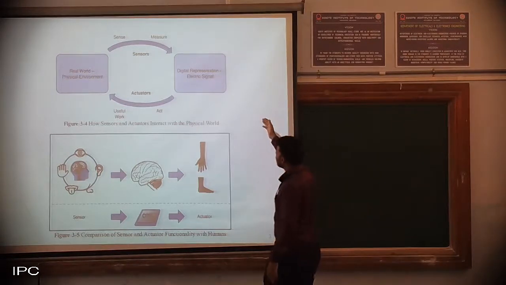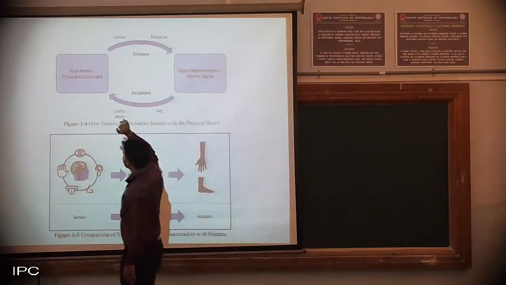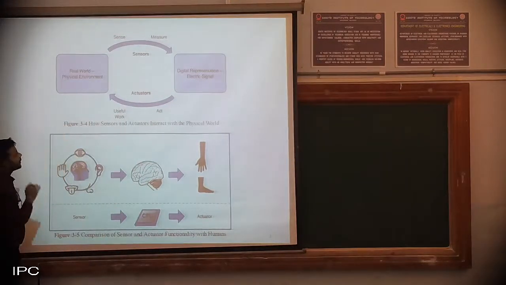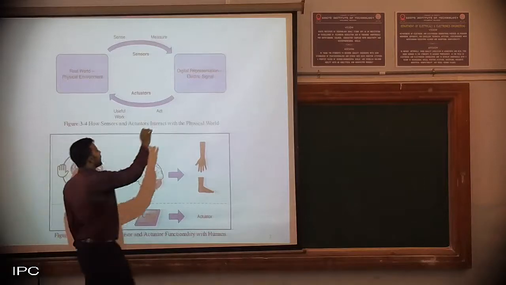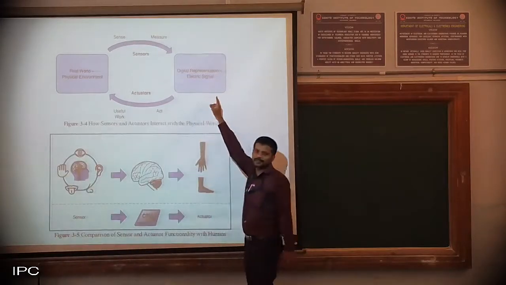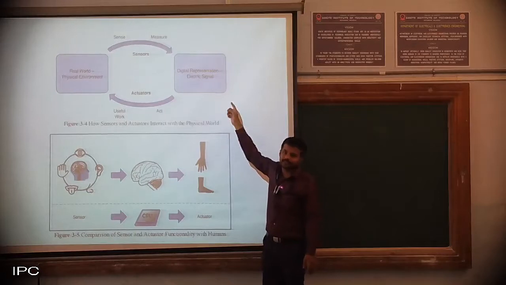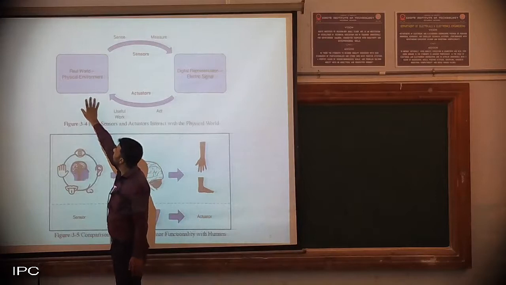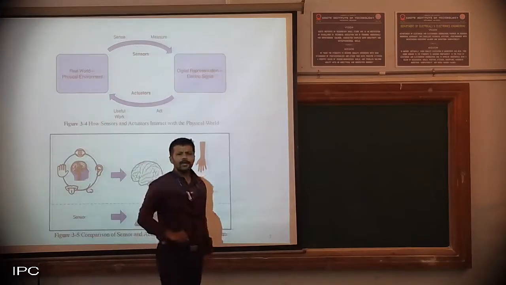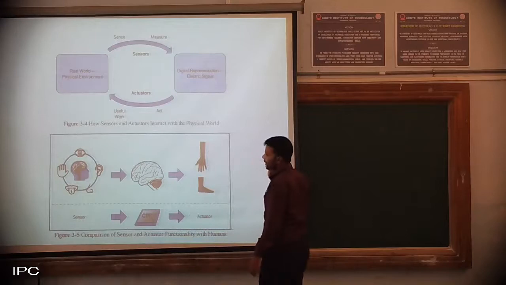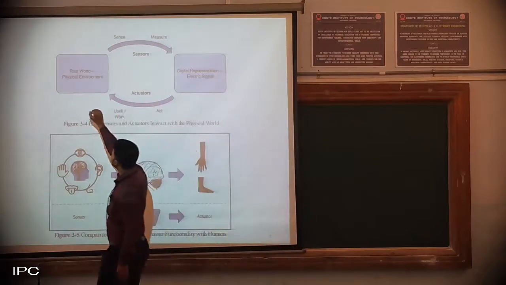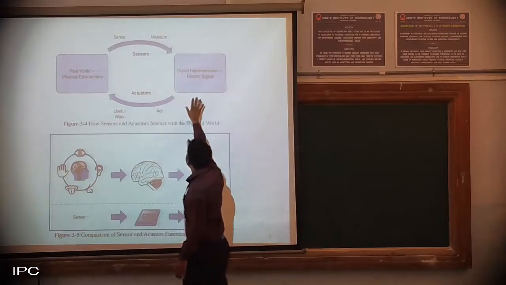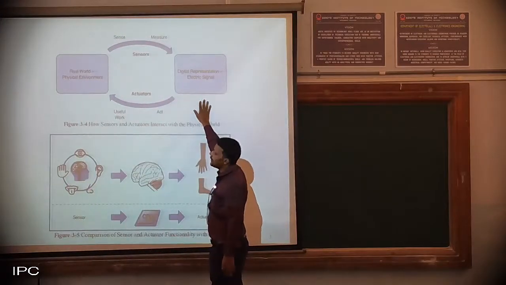And in the above diagram, it is shown clearly. On one side is the real world physical environment, and on the other side is a digital representation of electrical signal. The digital representation is in 0 and 1 fashion, and the real world physical environment is just kind of analog. A sensor always senses the real world physical parameters, and then it is transferred to the digital representation.